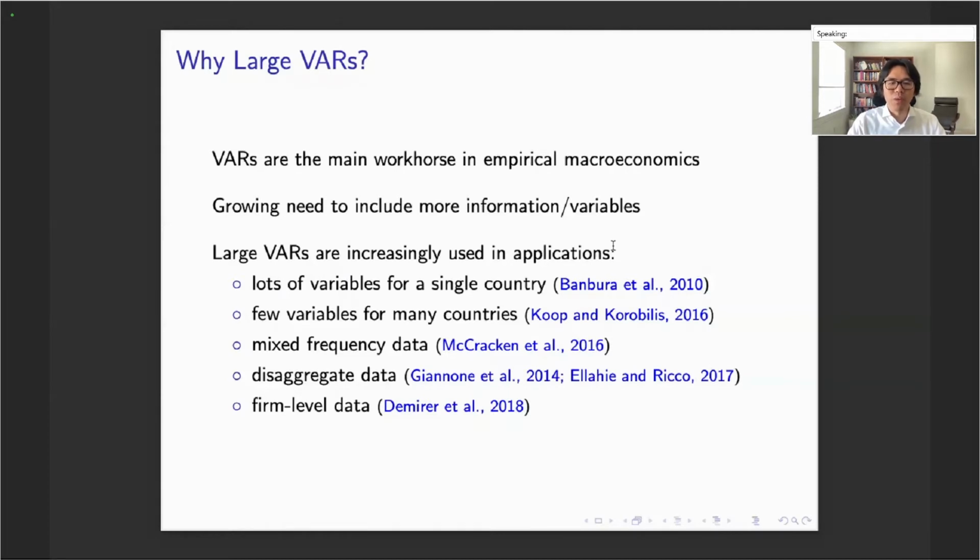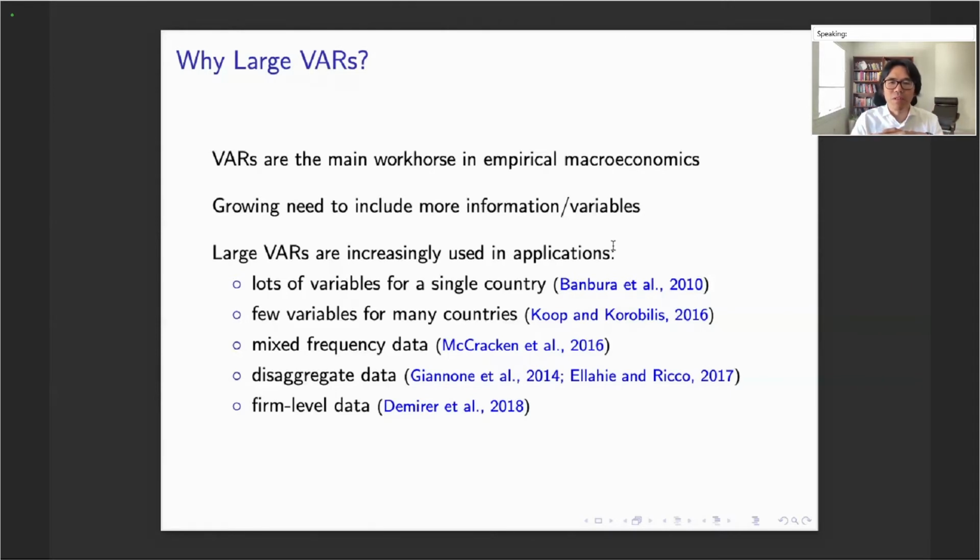There's a growing need to include more and more variables in the analysis. Partially, that could be that the applications demand you to consider a lot of variables, right? If you are interested to study the interconnectedness across countries or across states in the US, for example, then you would need to consider all the variables in the states, right?